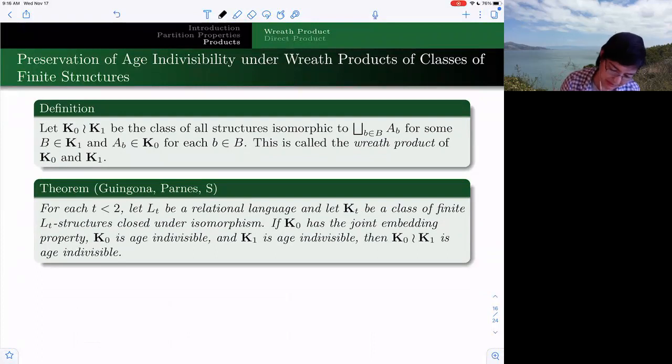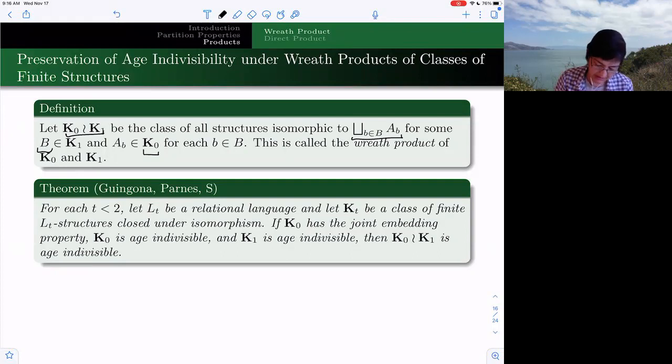So what would the age of this be, right? So you would just take all the finite structures that look like this. So for some finite set of indices from the first class, and then some copies from the K0 class. And an argument like this works.